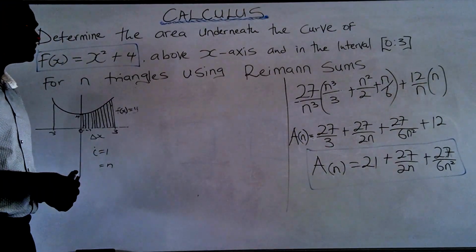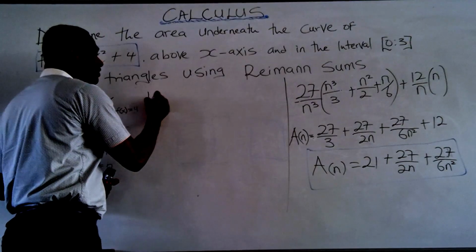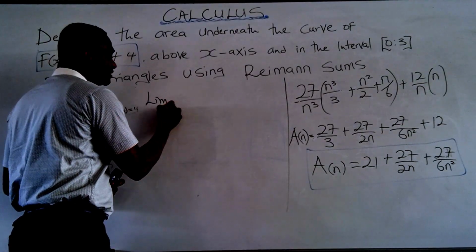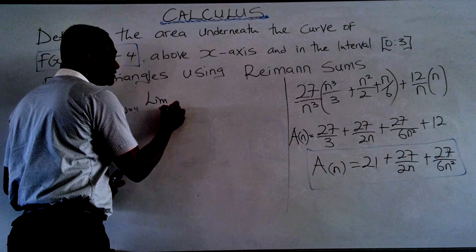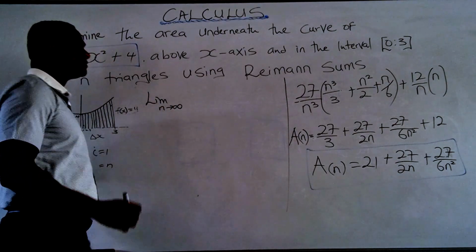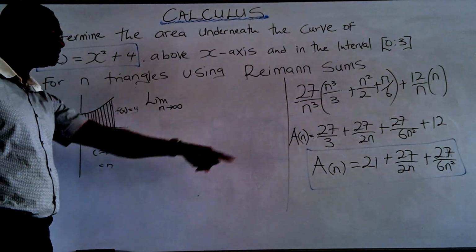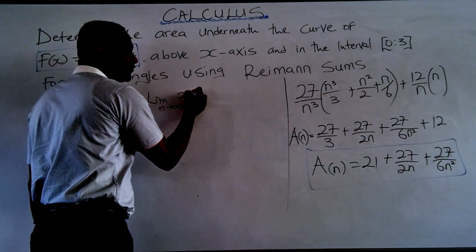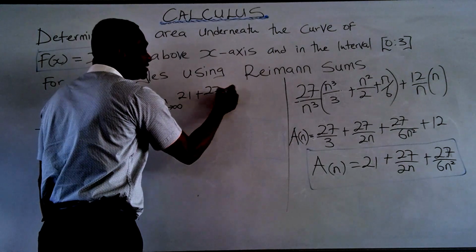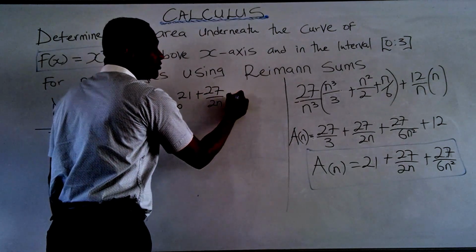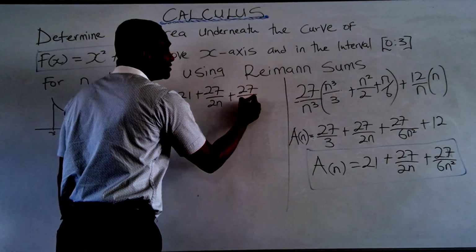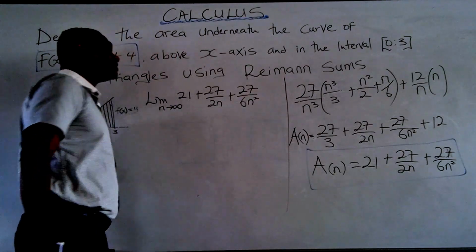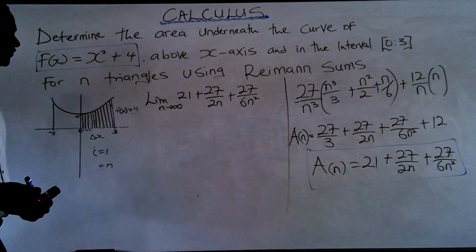So what we do is we take the limit of the function as n, the number of rectangles, tends to infinity. So it's the limit of 21 plus 27 over 2n plus 27 over 6n squared as n tends to infinity.